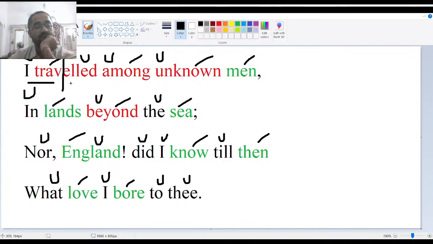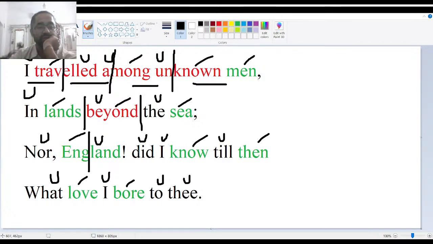I travelled among unknown men, which is a bit uneven, the first line. In lands beyond the sea, no variations there. Nor England did I know till then what love I bore to thee. Right?